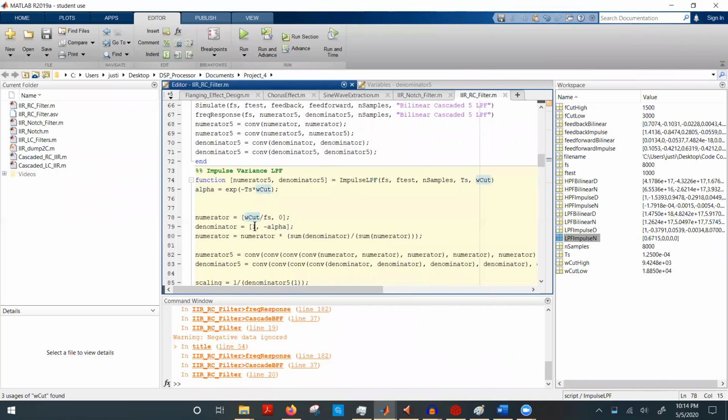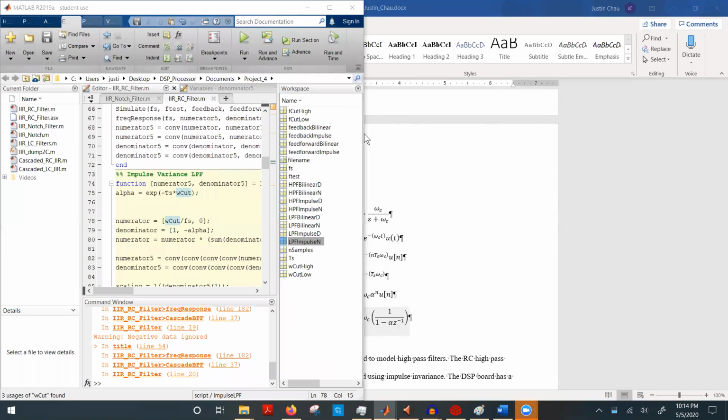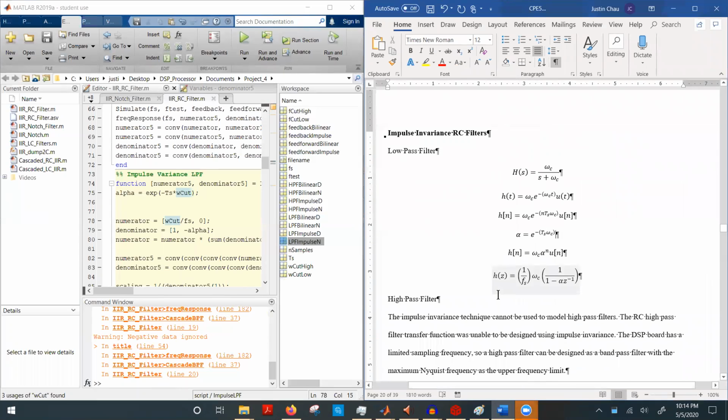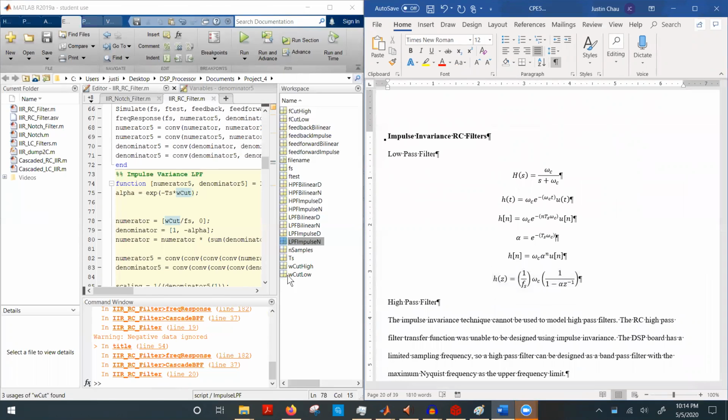Let me put this over here so we can talk about it real quick. The 1 minus alpha is this part right down here, and this top part is the omega_c divided by f of s. Then I perform some DC scaling.